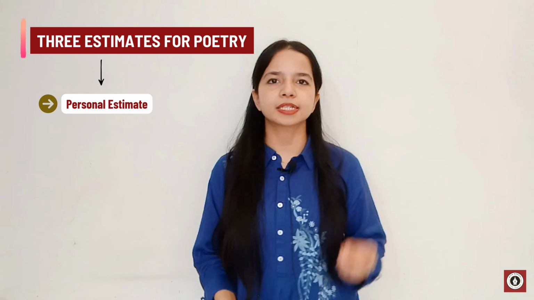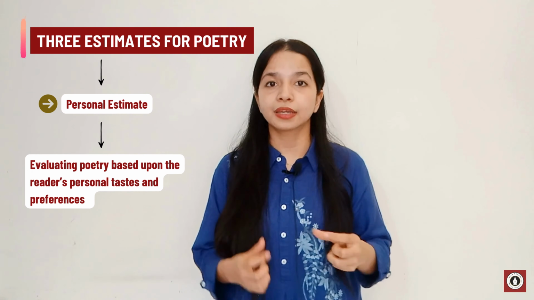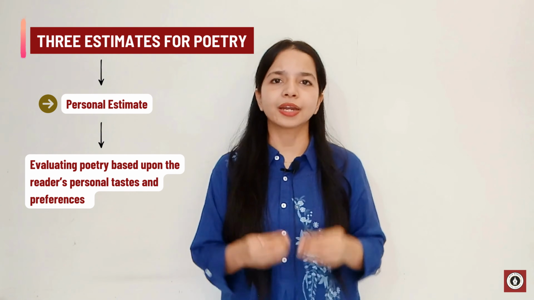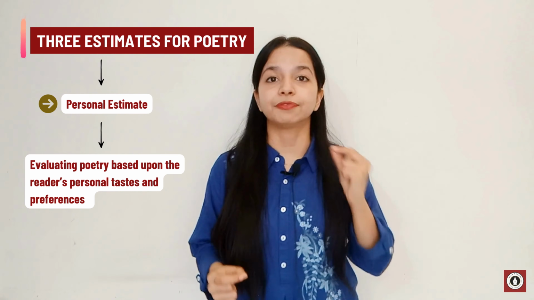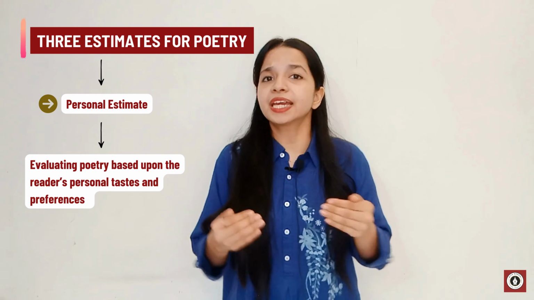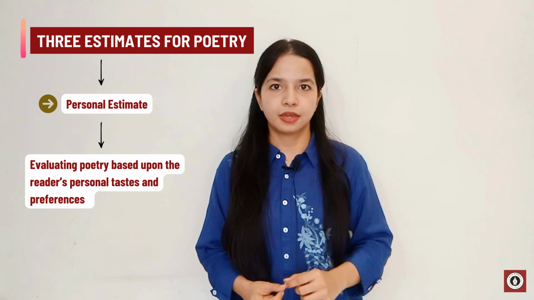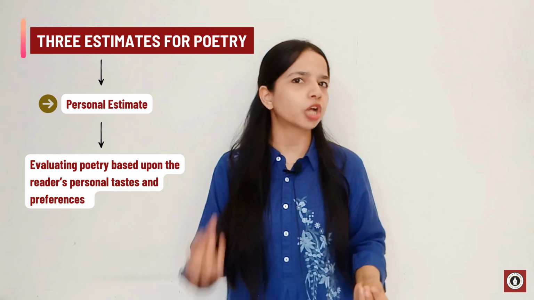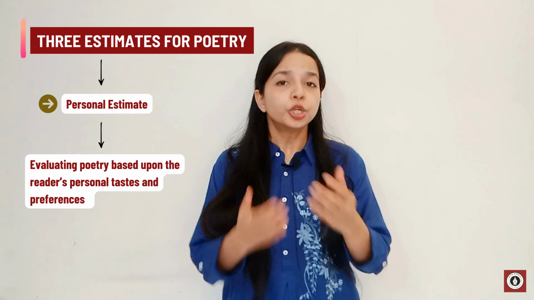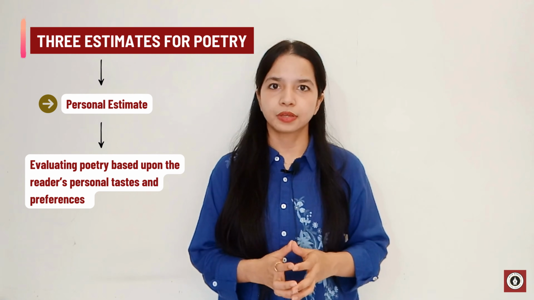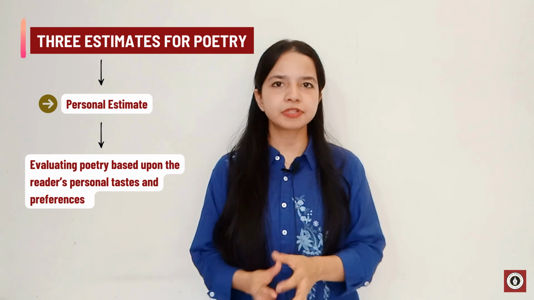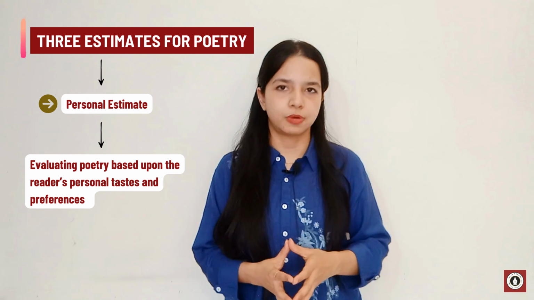Personal estimate basically refers to judging the value of poetry based upon your preferences, based upon your tastes. Now, he says that you cannot judge the value of poetry based upon your likes and dislikes. To understand this, he gives an example of the Scottish writer Robert Burns.